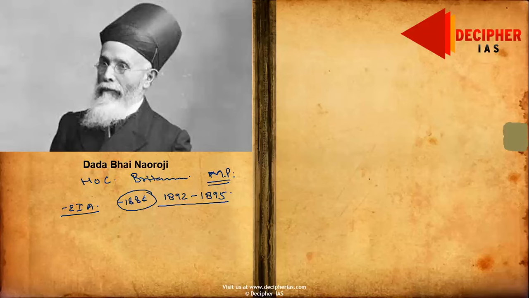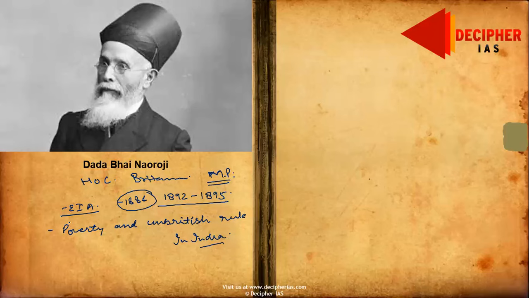Naoroji also published Poverty and Un-British Rule in India. This was his famous work.